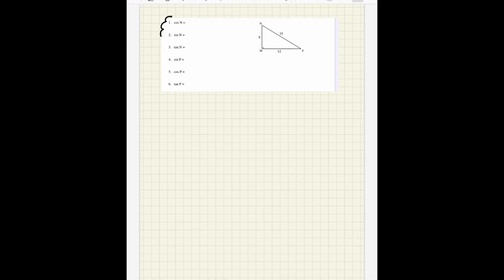I'm going to do 1 through 3 first because 1 through 3 is asking for angle N, right? So if I were to label this from angle N, my opposite is this, my hypotenuse is this, and my adjacent is this.